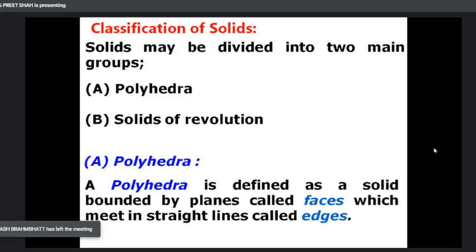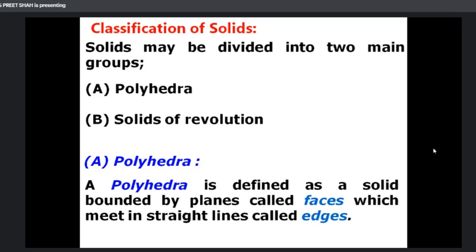A solid which is bounded by faces and edges is called a polyhedron. For example, a prism is bounded by plane figures, so it is a polyhedron. Second, a pyramid is bounded by faces, so it is also a polyhedron.